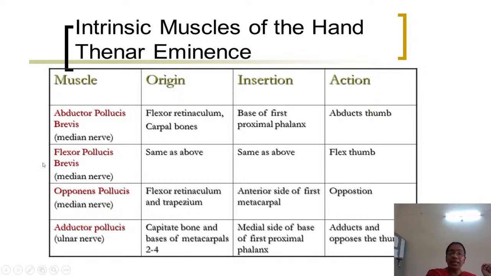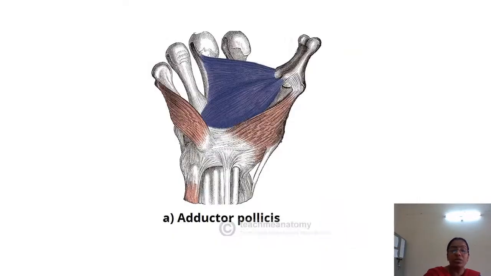Other than these three, abductor pollicis, flexor pollicis and opponens pollicis, the thenar eminence also includes one more muscle, which is called adductor pollicis. The action is adduction. The adductor pollicis consists of two heads: a transverse head and an oblique head.